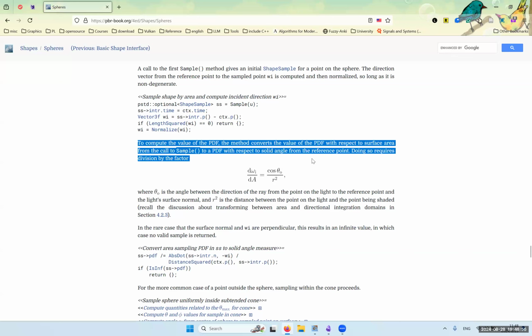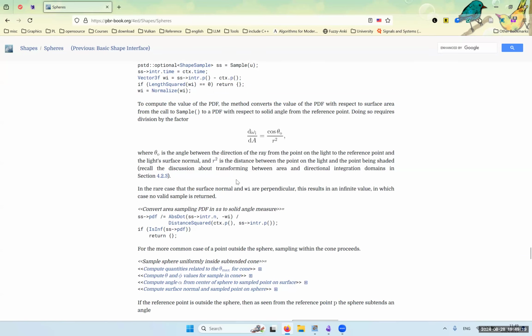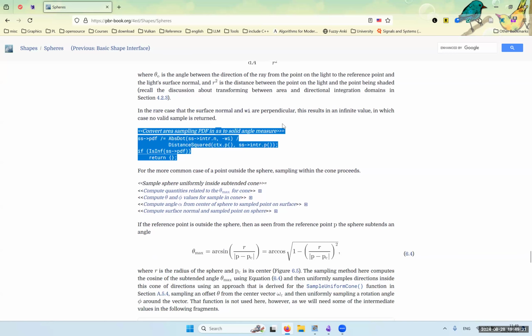So it's just a division. Yeah. In the rare case where the surface normal and omega are perpendicular, we just don't return a sample.